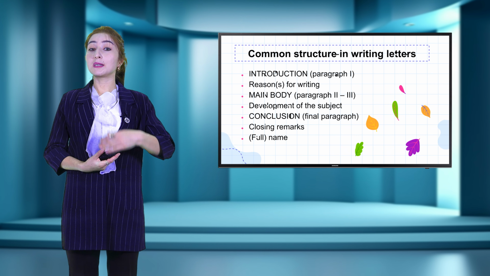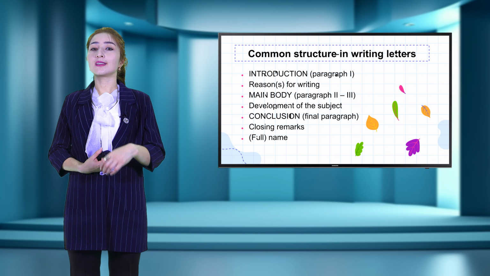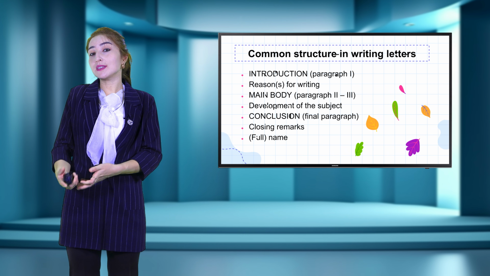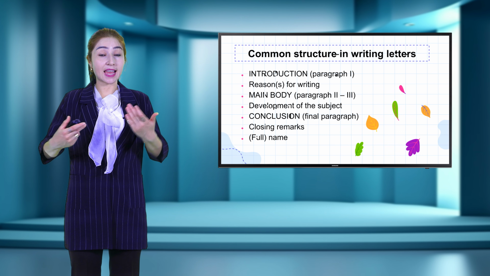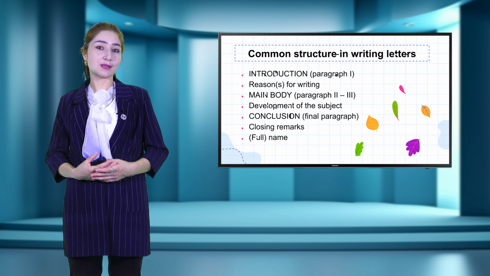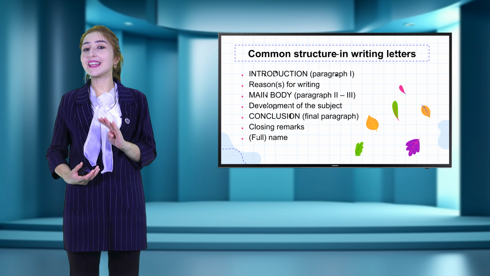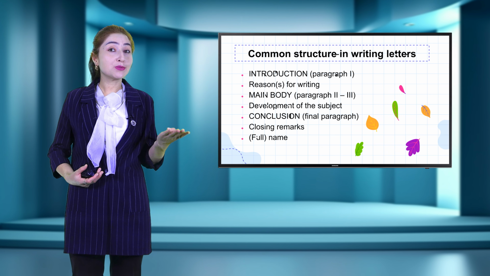Let me repeat the structure of the formal letter one more time, to be more clear for you, at the end of my class. We call this the introduction. Of course, the introduction is paragraph 1 in a formal letter. What do we need to write here? Yes, you are right: the reason for writing.